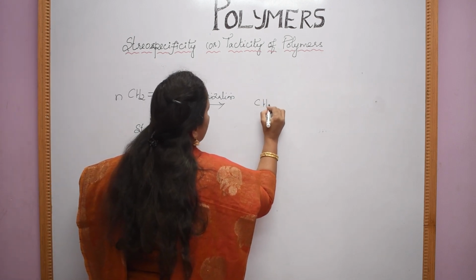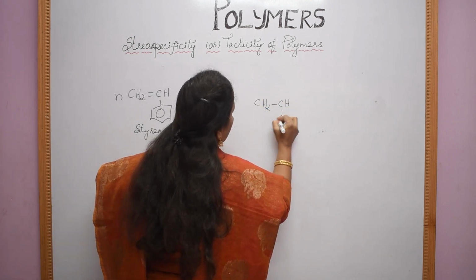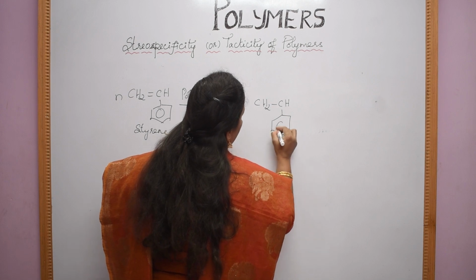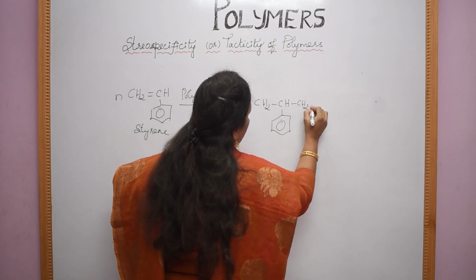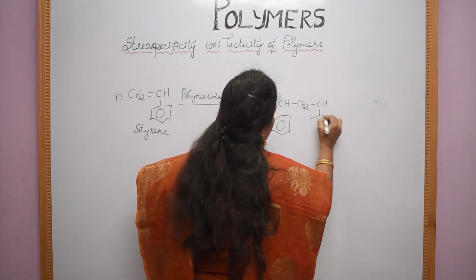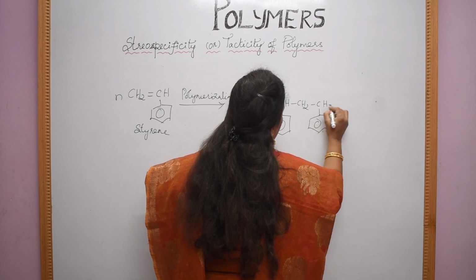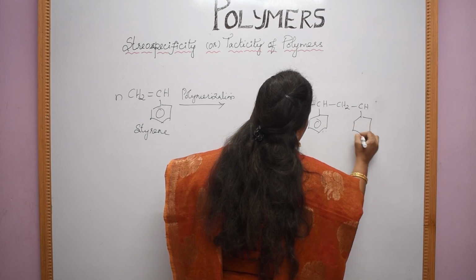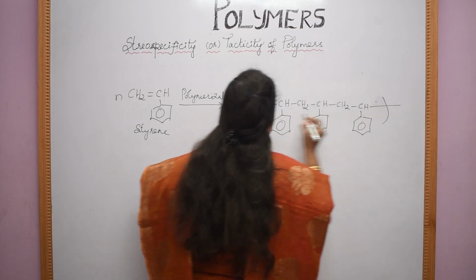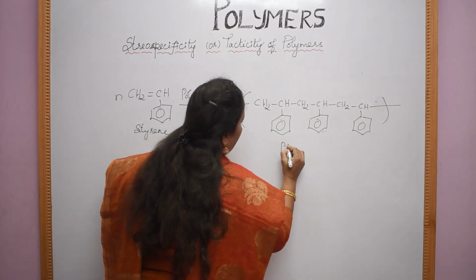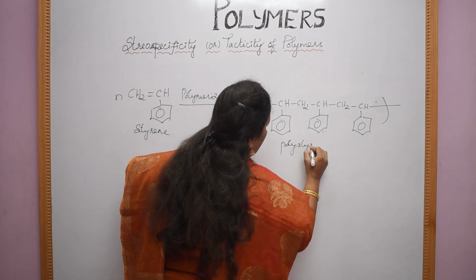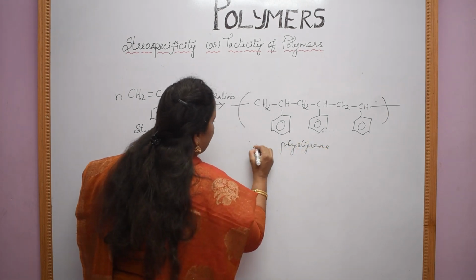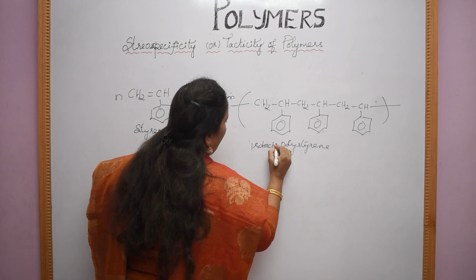So what is the structure of polystyrene? The chain goes like this. So this is the polystyrene molecule. Here, this is isotactic polystyrene.